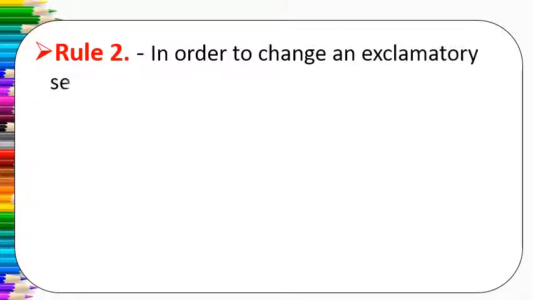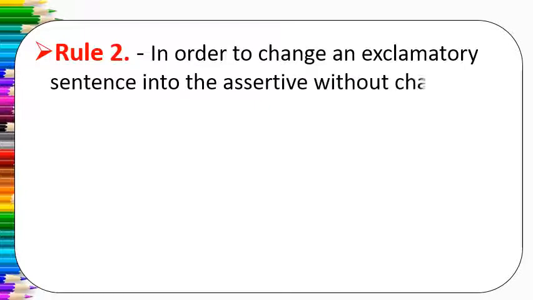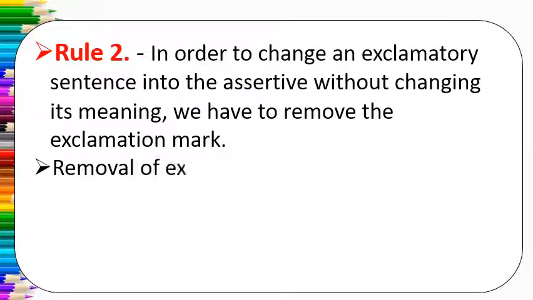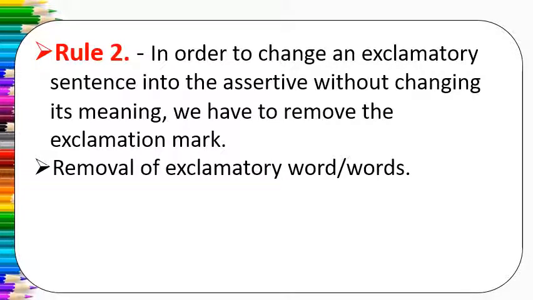Now let us see rule number 2. In order to change an exclamatory sentence into the assertive without changing its meaning, we have to remove the exclamation mark. Removal of exclamatory word or words.